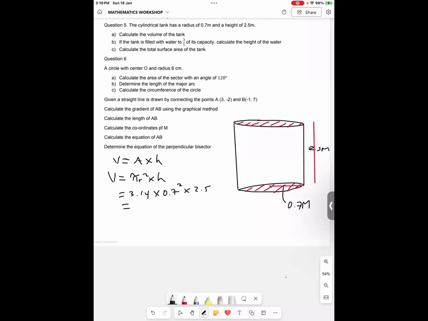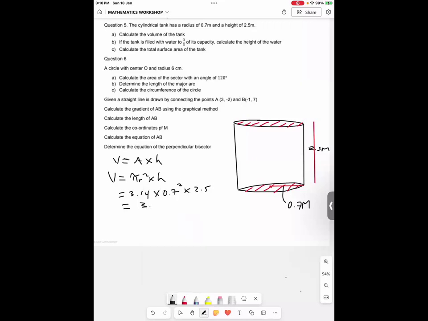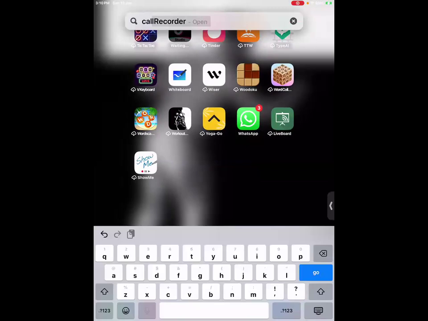Sir, I got 3.85 meters cubed. And I get 5.4. All right, no problem. You can use the calculator right here.